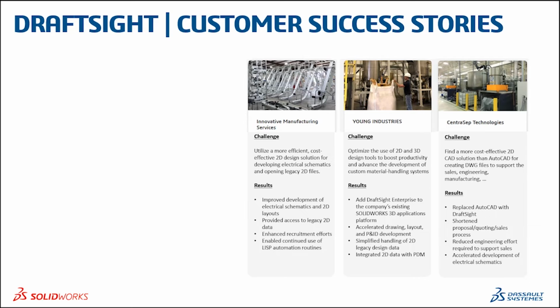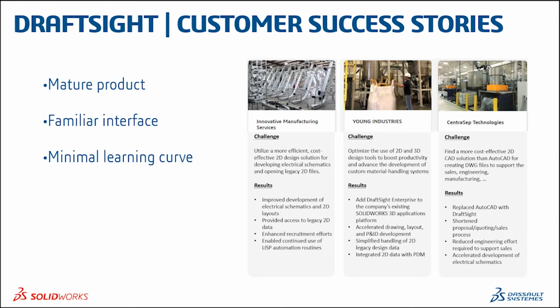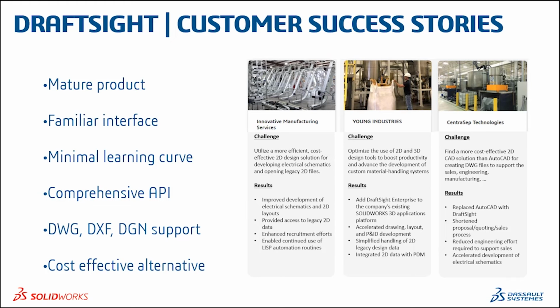Because they see that DraftSight is a mature product. They have a familiar interface. So this caused the minimal learning curve for them, and it offers the comprehensive API, and it has the DWG, DXF, and DGN support, and it is a cost-effective alternative.